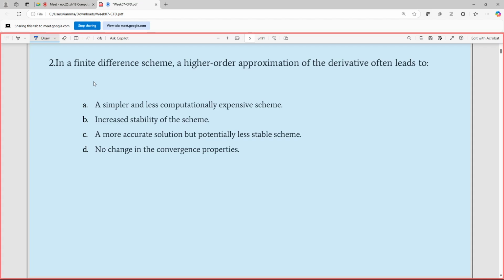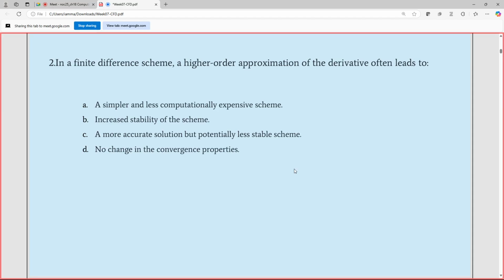Options are: option A, a simpler and less computationally expensive scheme. Option B, increased stability of the scheme. Option C, a more accurate solution but potentially less stable scheme. Option D, no change in the convergence properties.